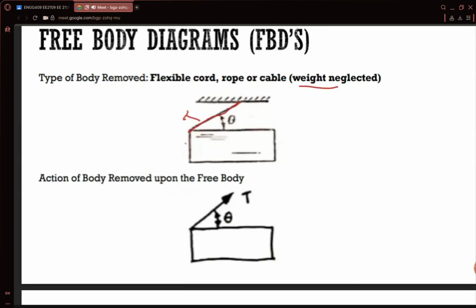This is also the body being considered. So when you draw the FBD, the action of the body removed upon the free body is this force, which is the tension of the rope. This was the one considered or represented. And then it is inclined by a certain angle, no? And this is your body being observed.